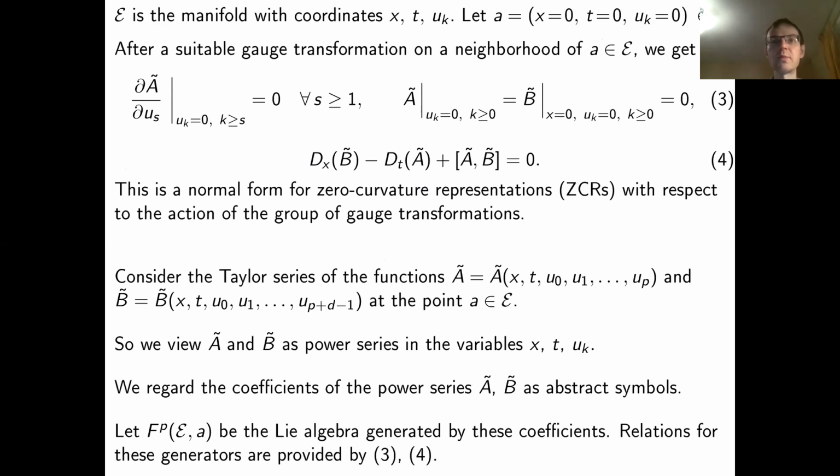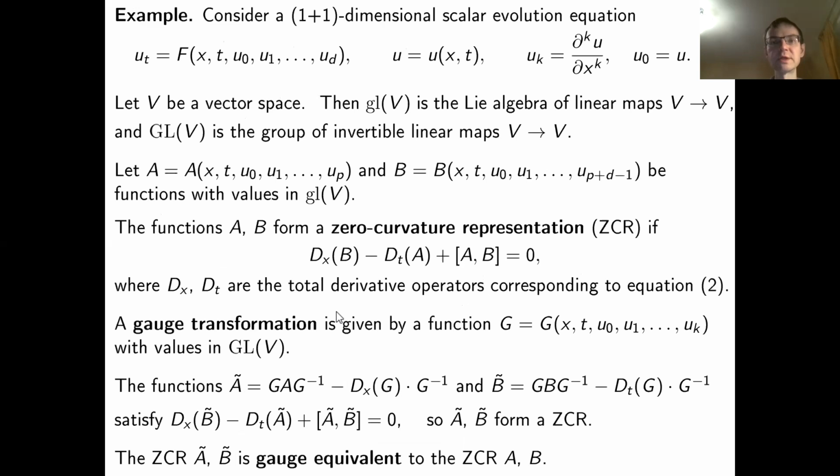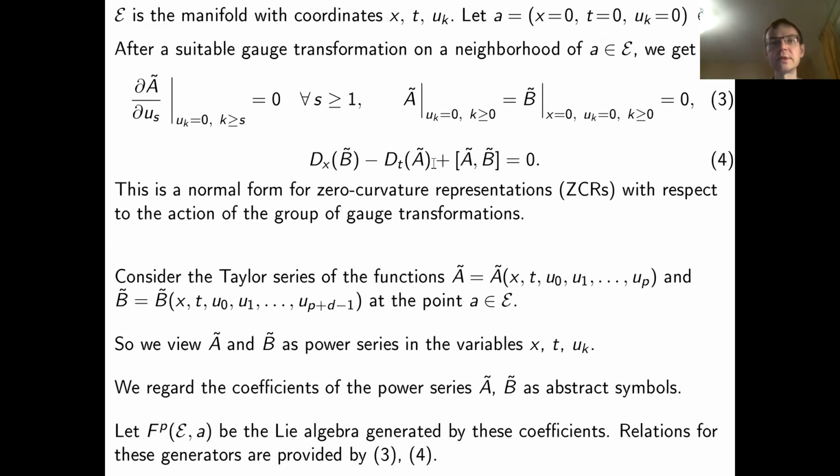So from an arbitrary zero curvature representation AB, which was required to satisfy only this zero curvature condition, after applying a suitable gauge transformation, we get A tilde and B tilde satisfying the zero curvature condition and some extra conditions, which are written here. And this is a normal form for zero curvature representation with respect to the action of the group of gauge transformations. Here I consider, for simplicity, the case of a scalar equation, but a similar approach works also for multi-component equations.